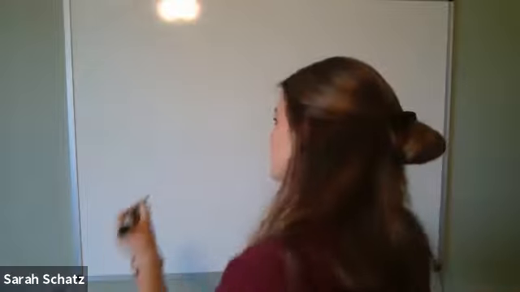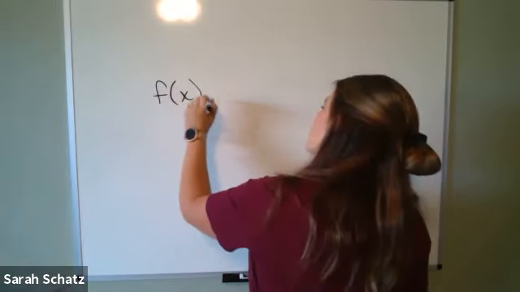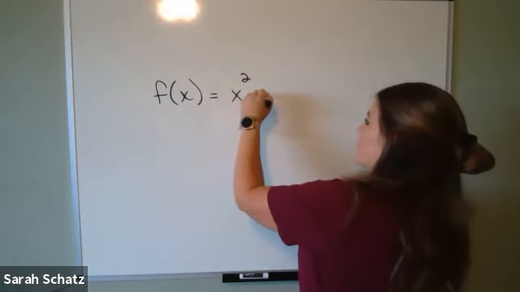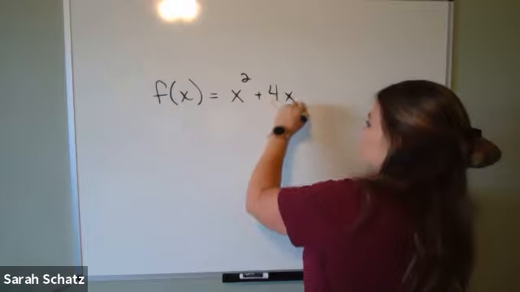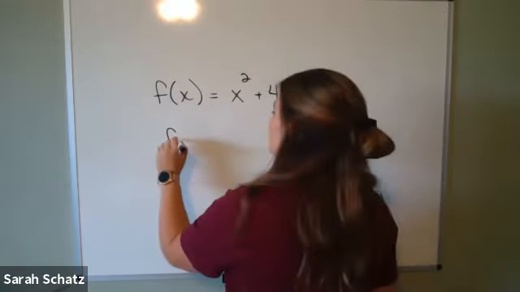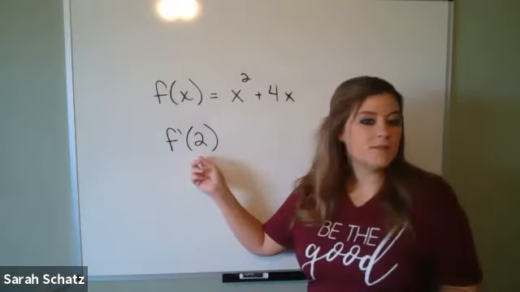So for example, they'll give you a function, probably like a squared function, x squared plus 4x or something like this. And what it asks for is maybe something like the derivative at 2.